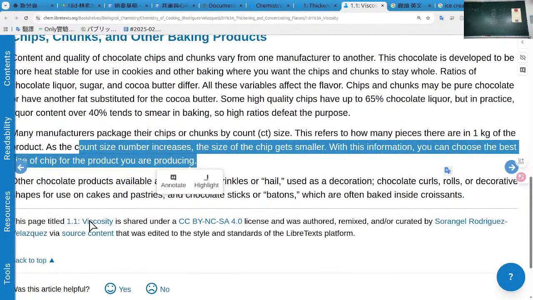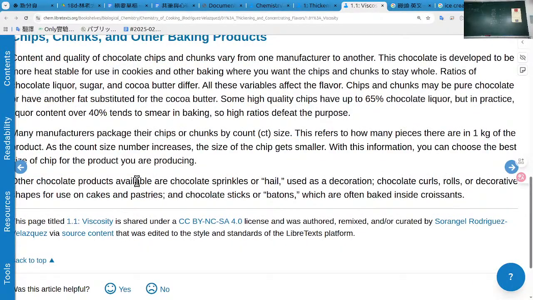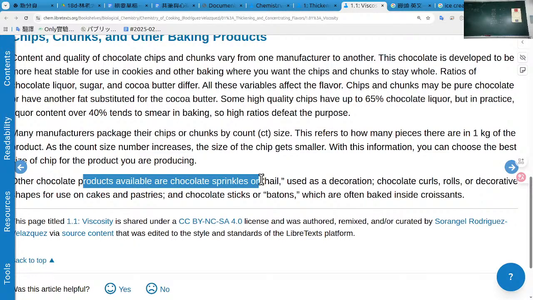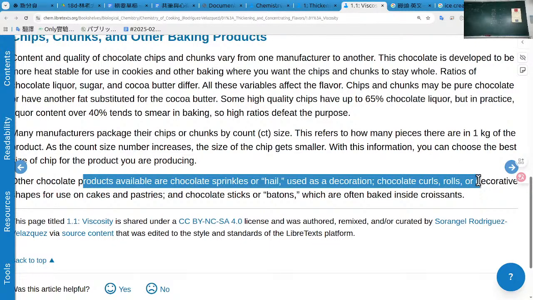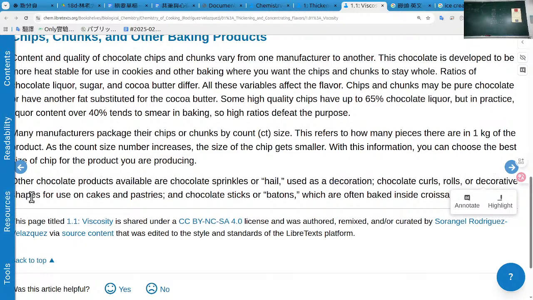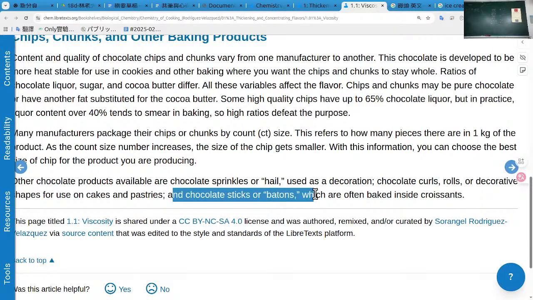Okay, other chocolate products available are chocolate sprinkles or hair used as decoration, and chocolate curls, rolls, and decorative shapes for use on cakes and pastries, and chocolate sticks or buttons, which are often packed inside croissants.